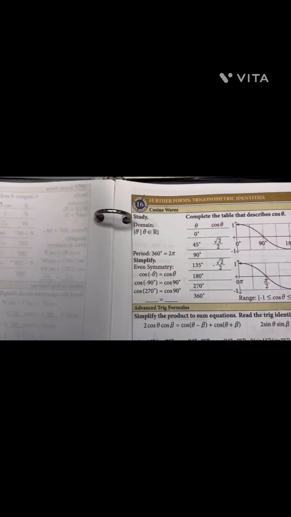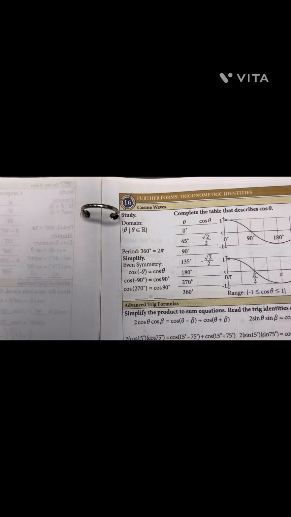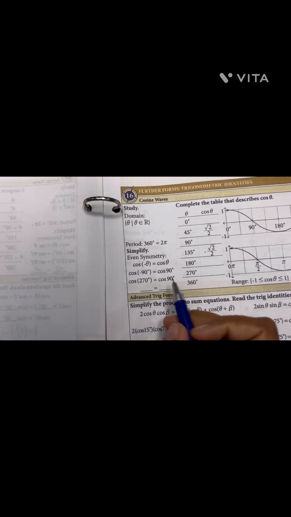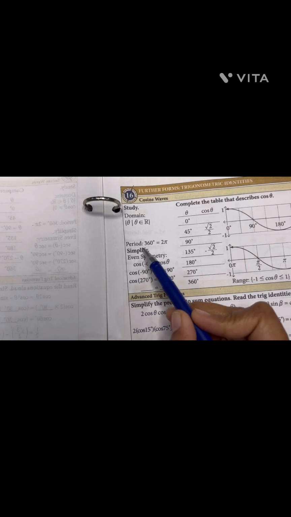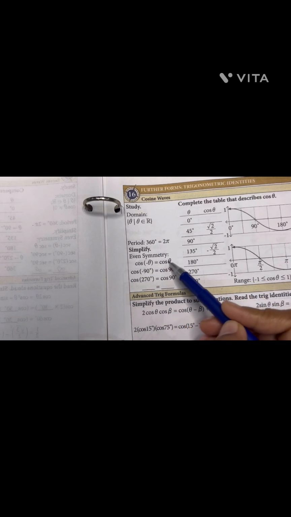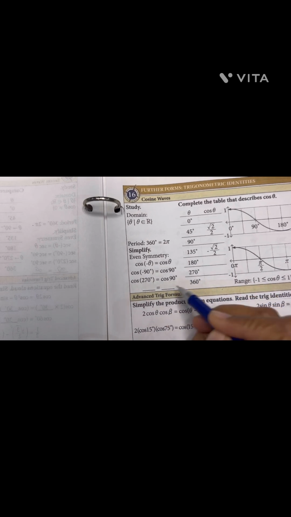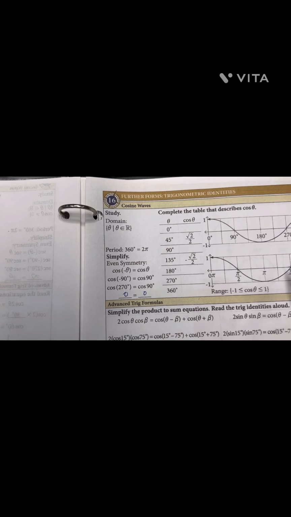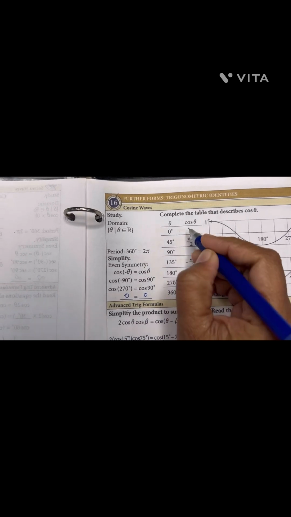Cosine waves. We're again studying cos waves. It's the same thing; we've already gone over the exact same thing. We know cos 270 is 0. We know cos 90 is 0. They're just looking at the waves here, and they're asking us to fill up the table. Cos 0 is 1.